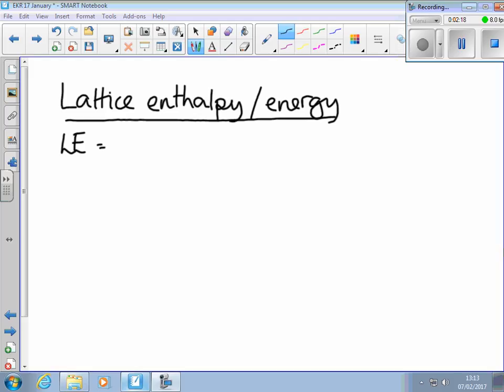And you can look at it from 2 different angles. You can either look at lattice enthalpy as the energy that's required to blast a solid lattice into its component ions in gaseous form, separated as far apart as possible, or you can look at it as the energy that's released when 2 ions come together from indescribable distances to actually create the crystal lattice.